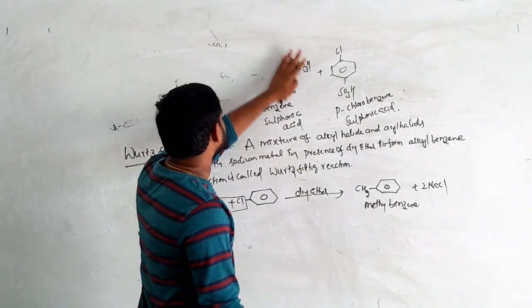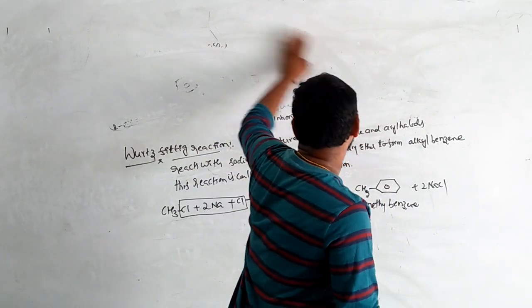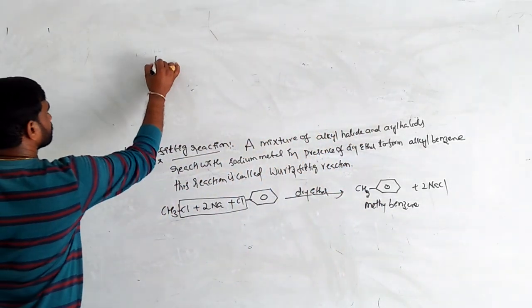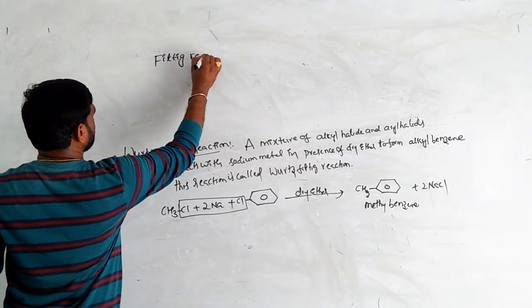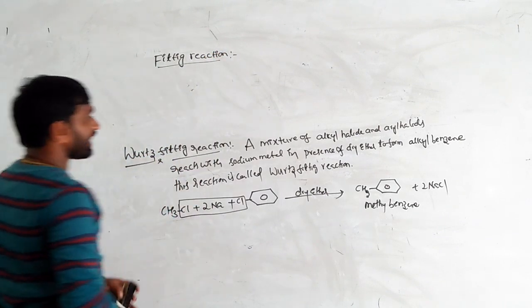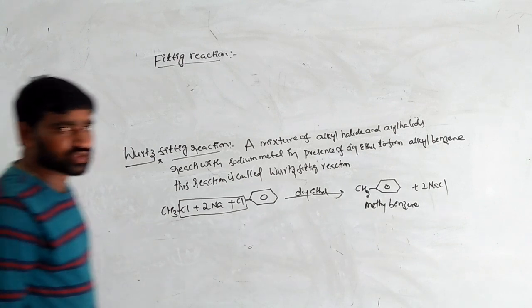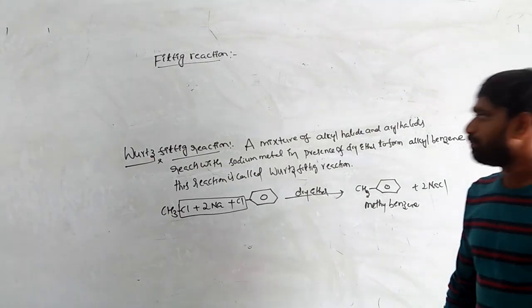Next one, Fittig reaction. Here is the formation of biphenyls. Fittig reaction means aryl halides react with sodium metal in presence of dry ether to form biphenyls.